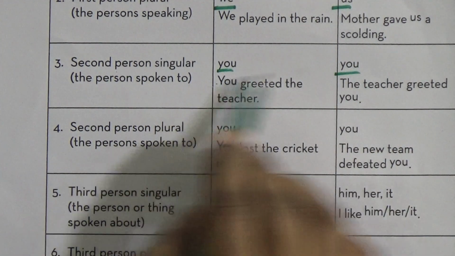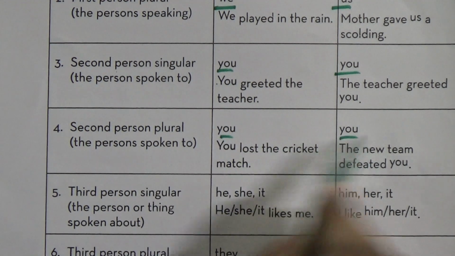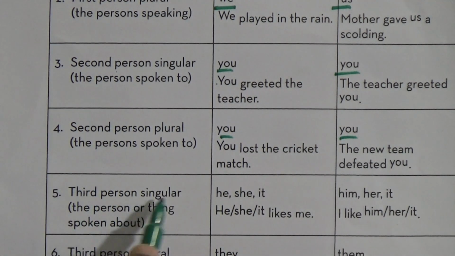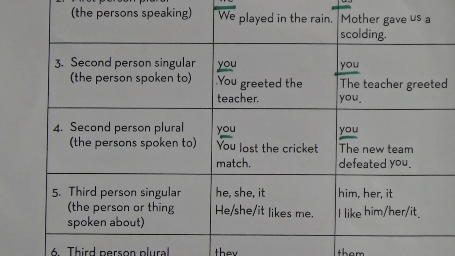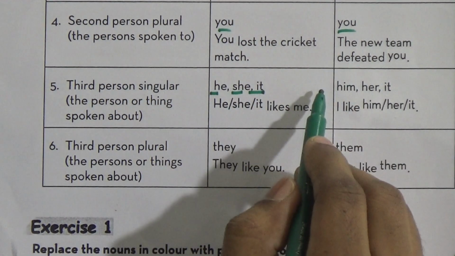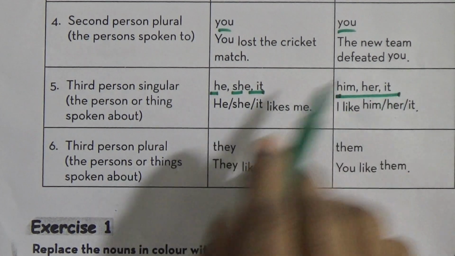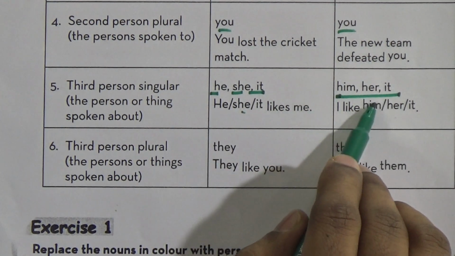You is the subject pronoun and object pronoun also. Second person plural number, you and you. Third person singular number, singular means one, remember: he, she, it likes me. Okay, and third person plural number object form: him, her, it. Okay, this is subject form and this is object form.